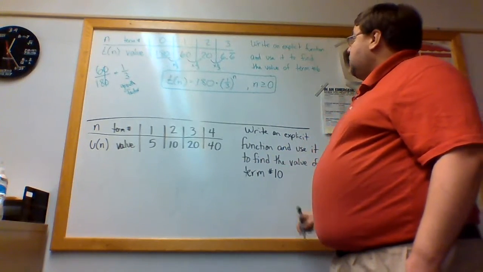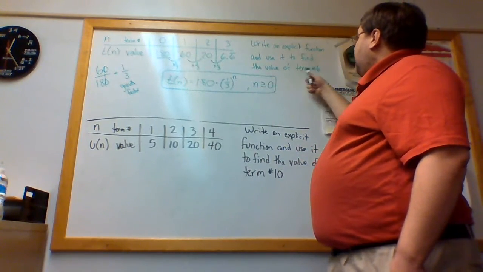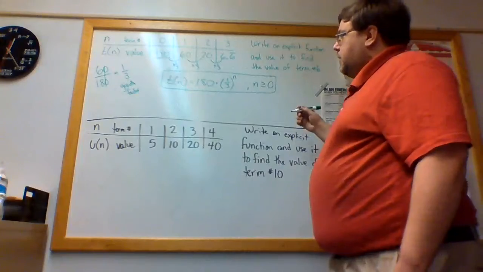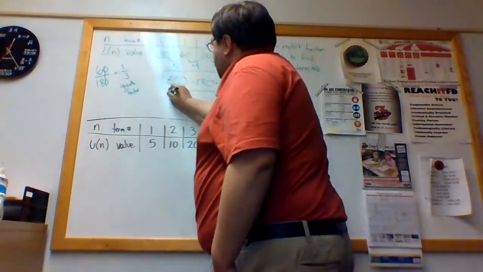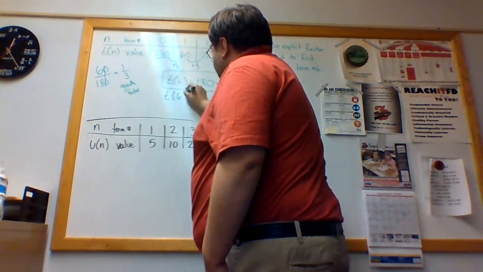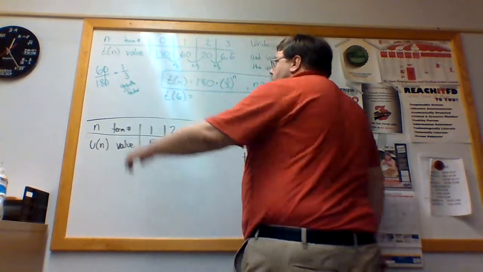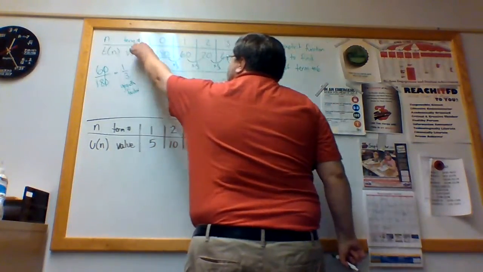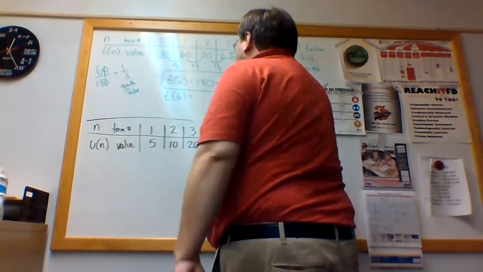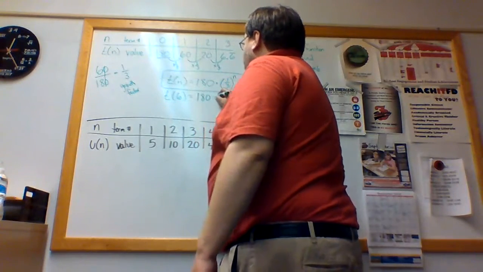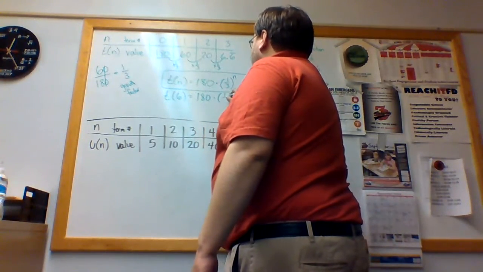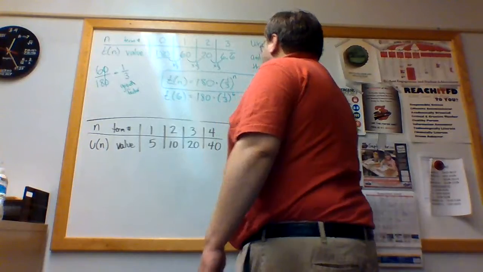The second thing it asked me to do was use it to find the value of term number 6. So if I want term number 6, that would be t of 6. Remember, the n here was standing for the term number. So term number 6 equals 180 times 1/3 to the 6th power.